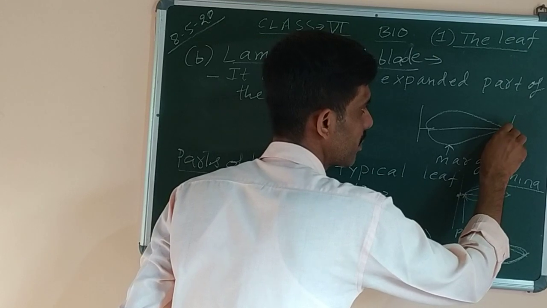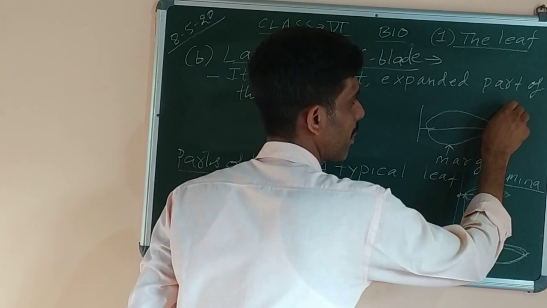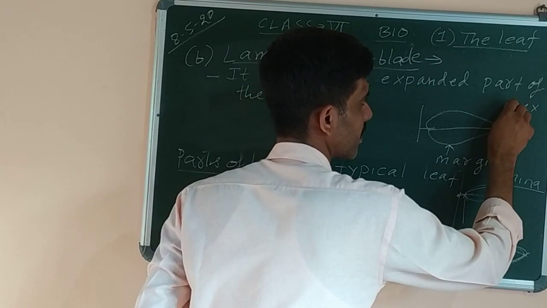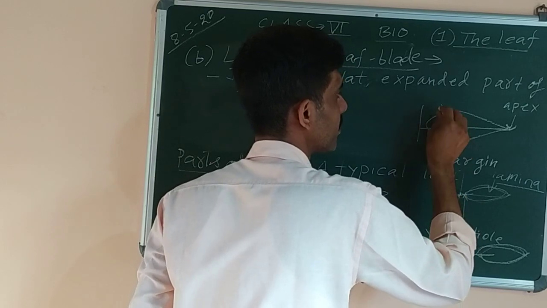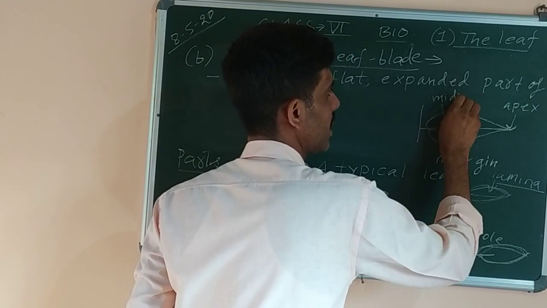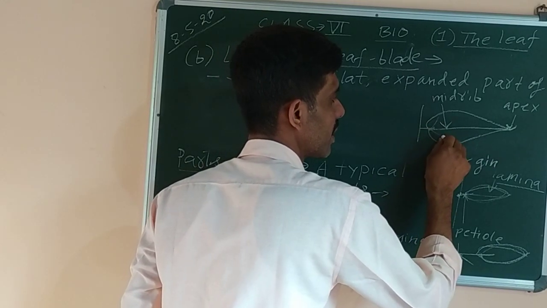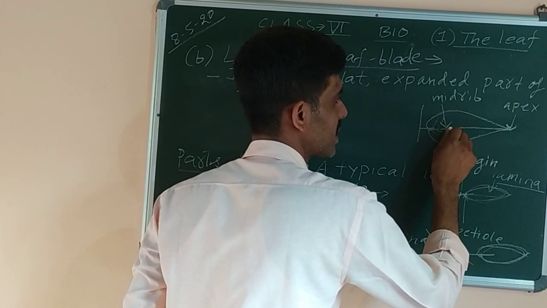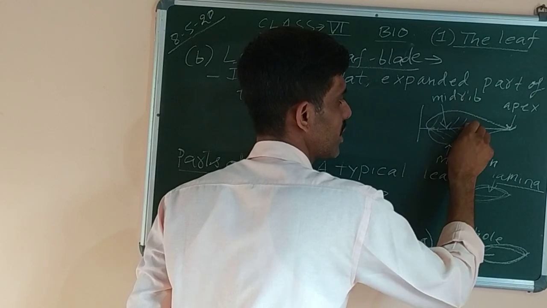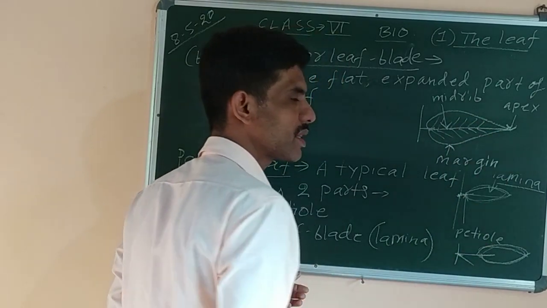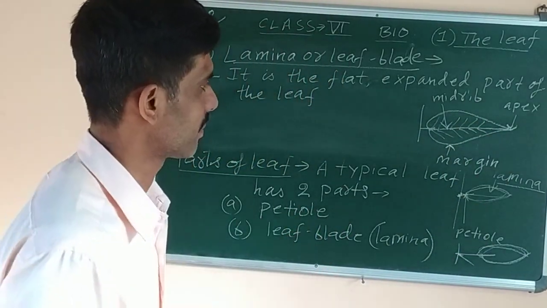And this one, the tip of the leaf, it is called leaf apex. This one is called the midrib, and then from here many secondary branches or veins arise. Okay, and these veins again branch to form a network-like structure.